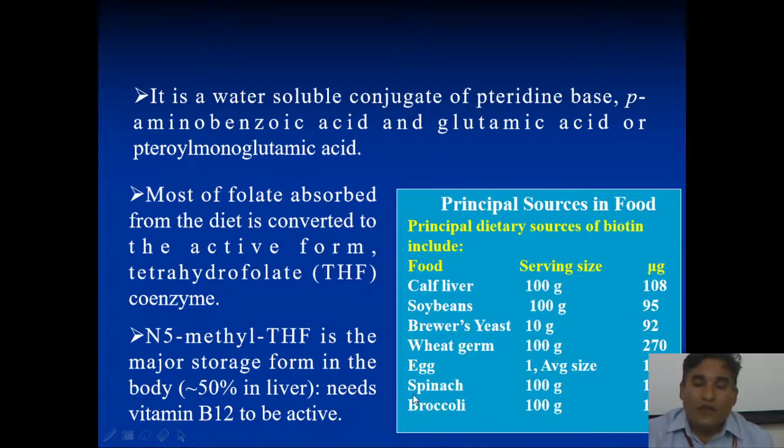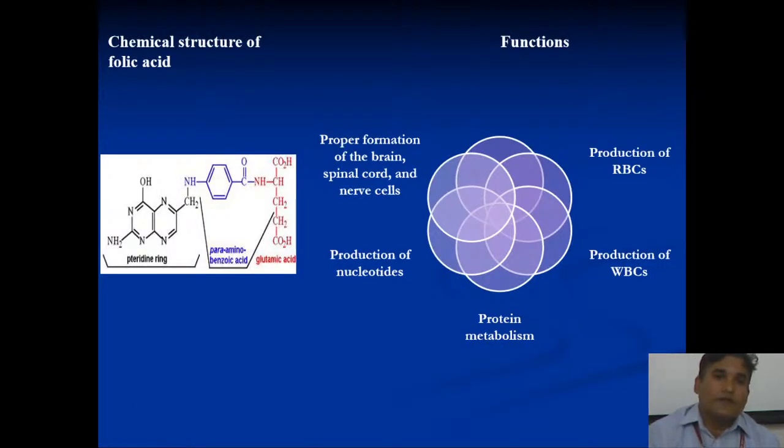Spinach and broccoli are good sources for vegetarians. The chemical structure is glutamic acid, para-aminobenzoic acid, and pteridine. This is a complex of glutamic acid, para-aminobenzoic acid, and pteridine.